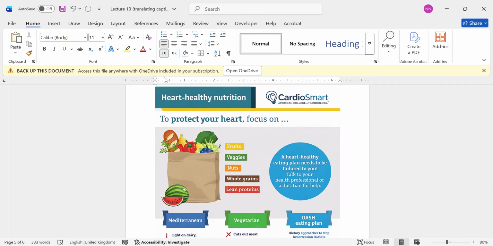It's about providing the information in a way that attracts the reader and makes them want to continue reading this infographic. Okay? So it's about attracting, not about being literal to the image that's being presented or the vocabulary that's being used.